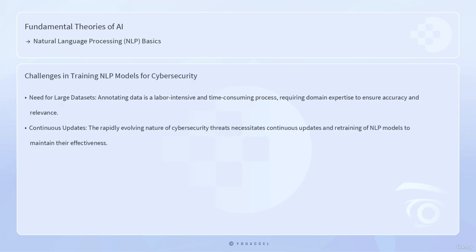Another challenge is the need for large annotated datasets for training NLP models. Annotating data is a labor-intensive and time-consuming process, requiring domain expertise to ensure accuracy and relevance. Moreover, the rapidly evolving nature of cybersecurity threats necessitates continuous updates and retraining of NLP models to maintain their effectiveness.